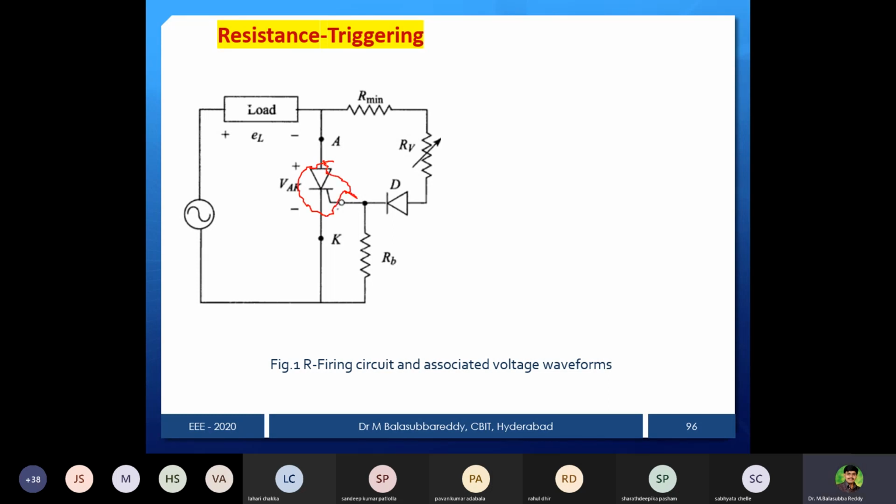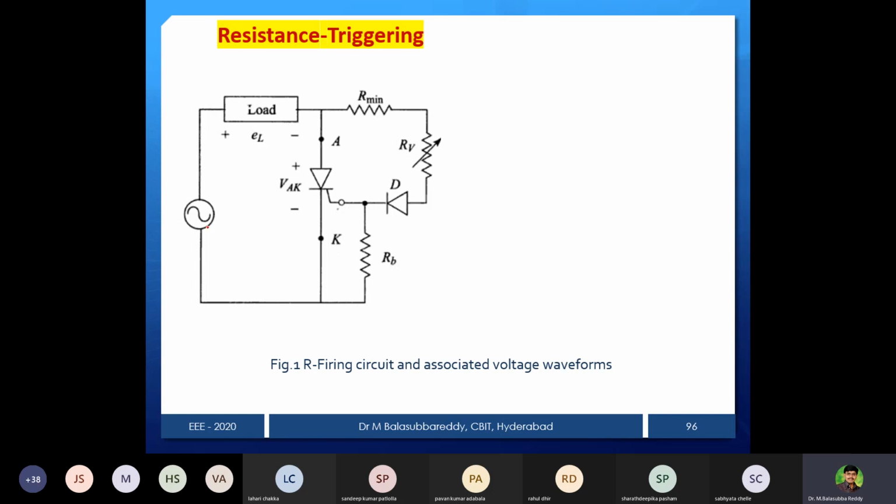This is our power circuit, where the main SCR, thyristor 1, is present. To fire that SCR, we require some additional circuit to pass the pulse. Here I am just explaining this. Anyhow, the theory part I have also given in the consequent slides, but whatever I am going to explain is only in the theory part.